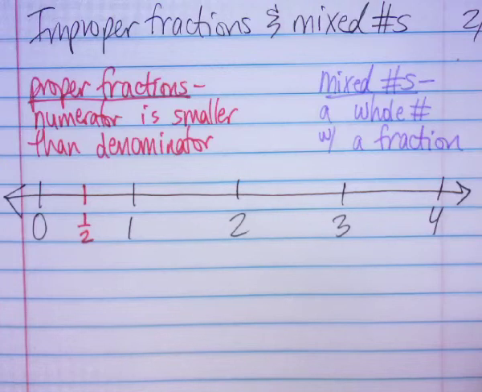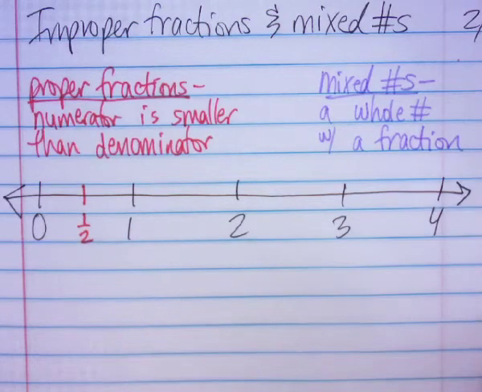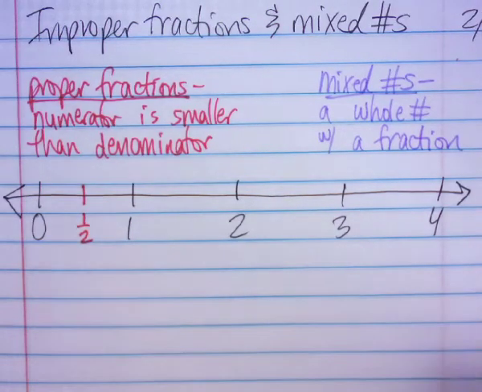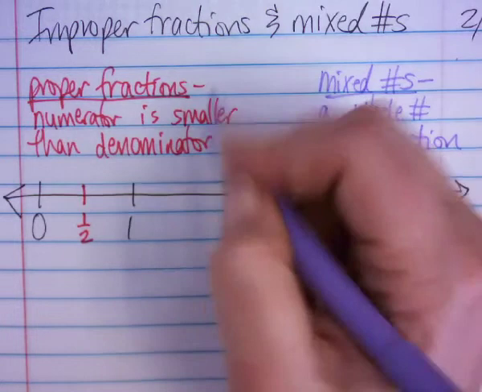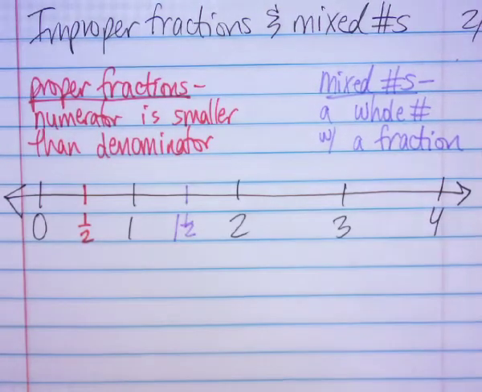All right, who wants to give me an example to put on our number line? Give us one, Emily. 1 and 1/2. 1 and 1/2. Where are we going to put that? In between what? Between the 1 and the 2. Good. Exactly in between 1 and 2, because it splits 1.5.